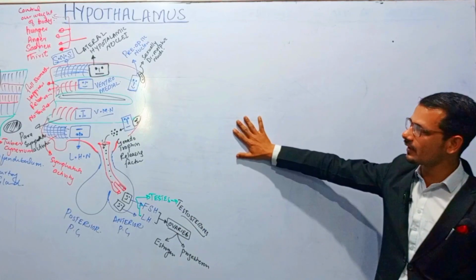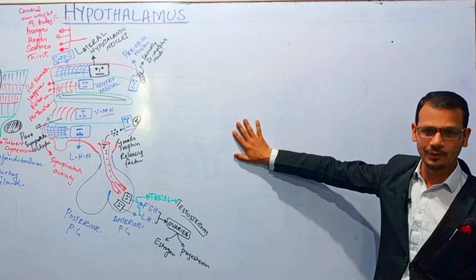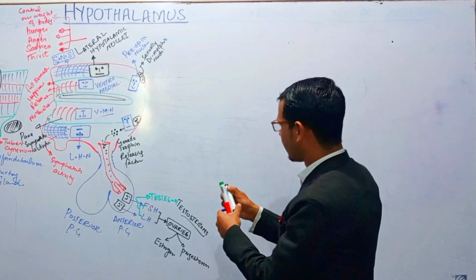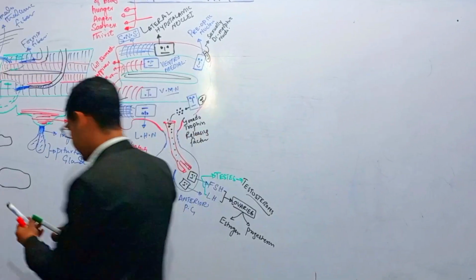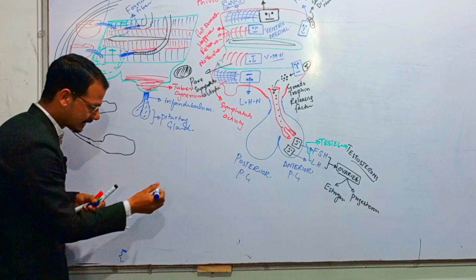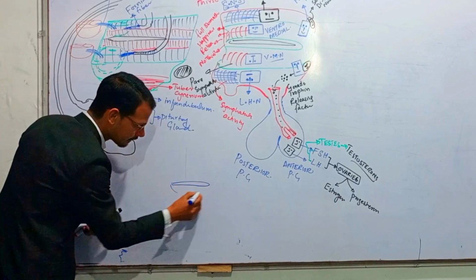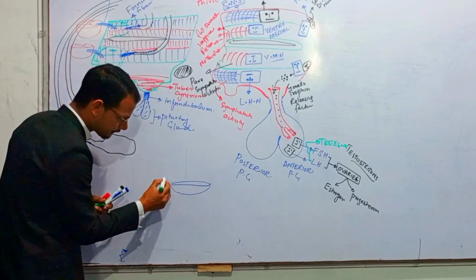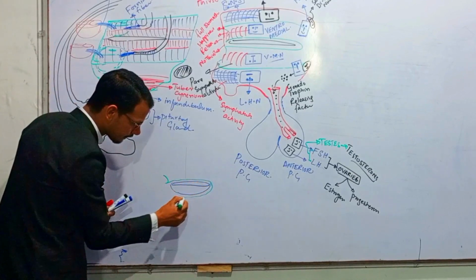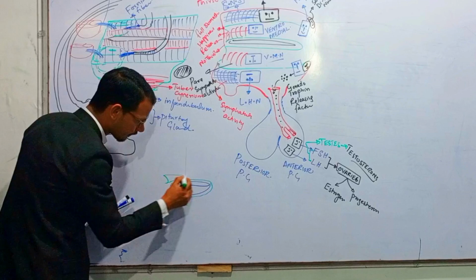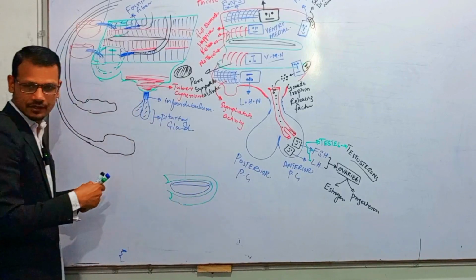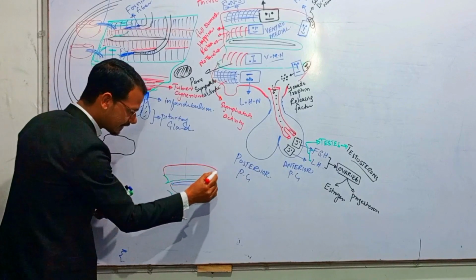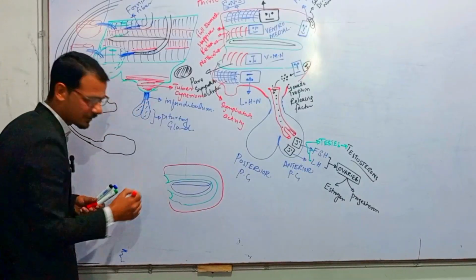Now we will go for the medial side of the hypothalamus. So for example, here this is the third ventricle, and this is the medial side of the hypothalamus, and this is the lateral side of the hypothalamus.